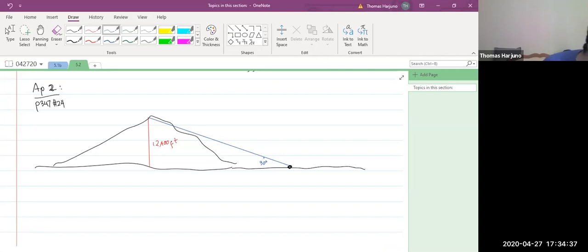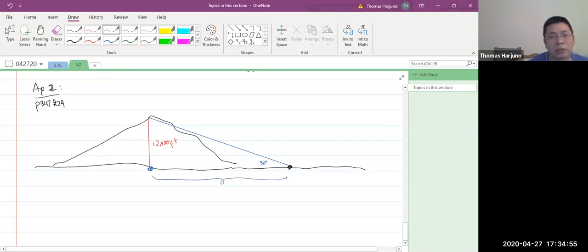The question is to estimate the distance from the student to the point on the level ground directly beneath the peak. So the one in question is this.